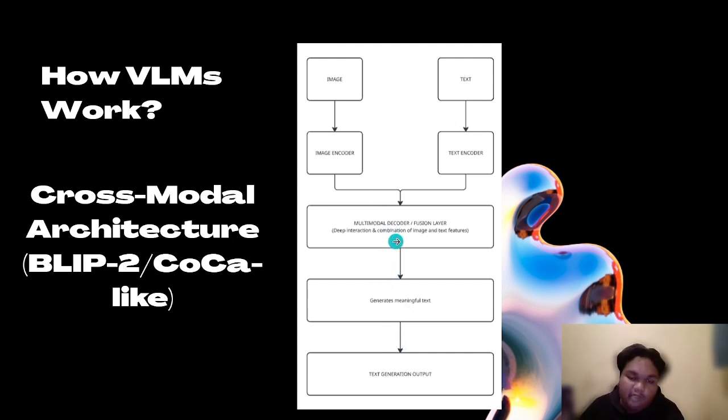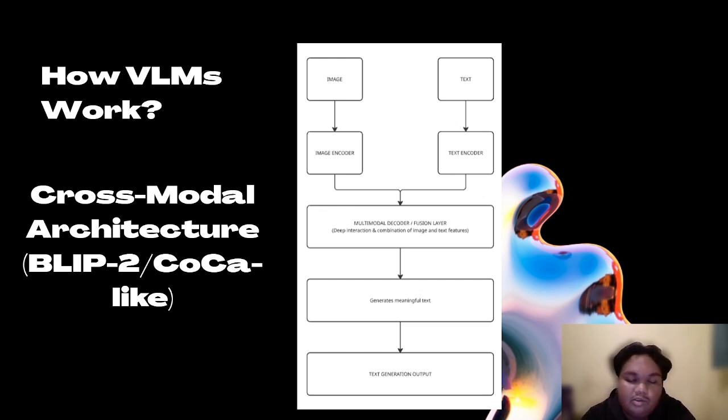And here, as you can see, there is a multimodal decoder. In this multimodal decoder, the model uses special layers that let image and text features deeply interact and combine, so that they can understand and generate more complex content.